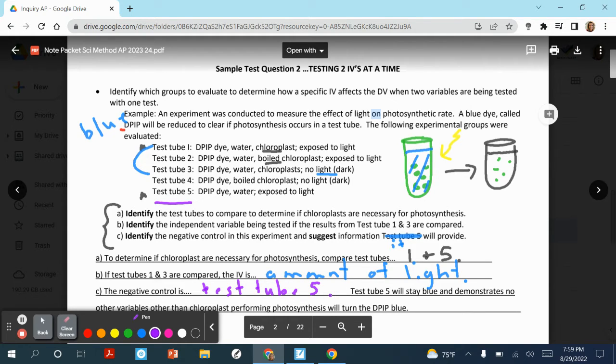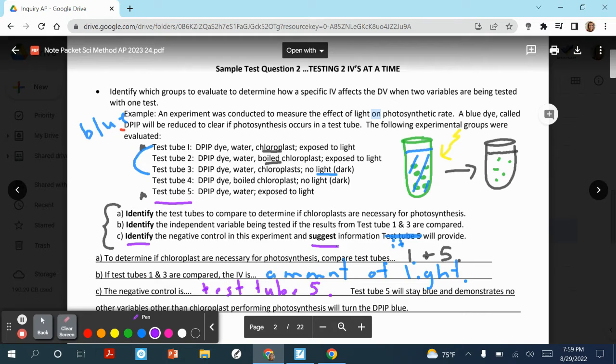Okay. Now, this is one part of C. I just got 1 point for correctly indicating that the negative control is test tube 5. But then the last point says suggest information that this test tube will provide. Now, let's think about this. If we just put the dye in water and we have a test tube here, no chloroplast, and we shine light, our test tube should not turn clear because there's not going to be any photosynthesis happening.